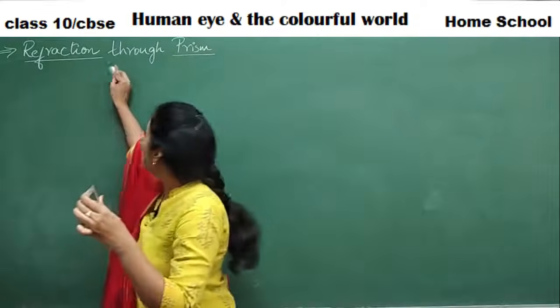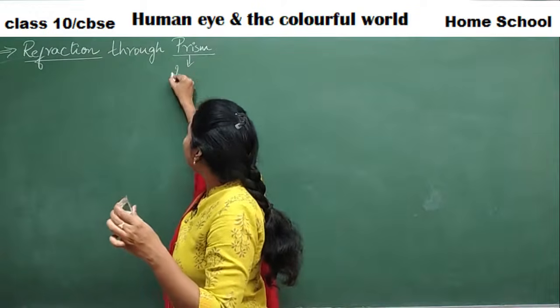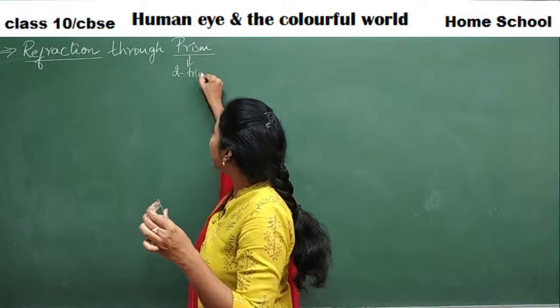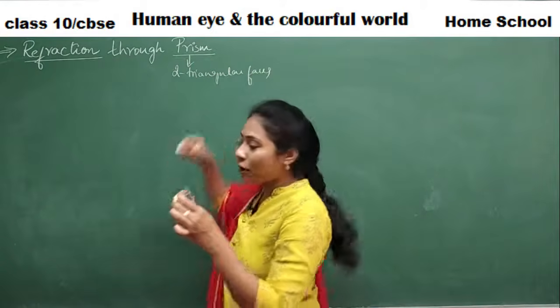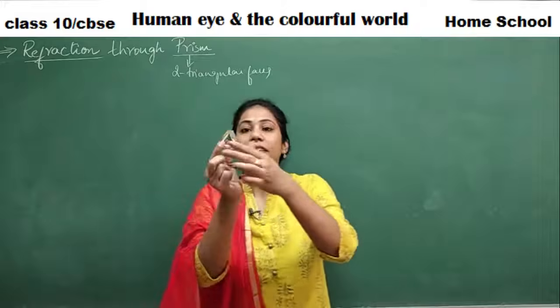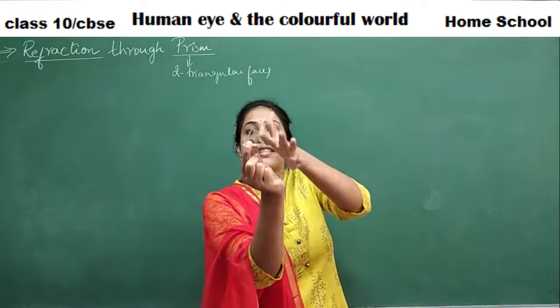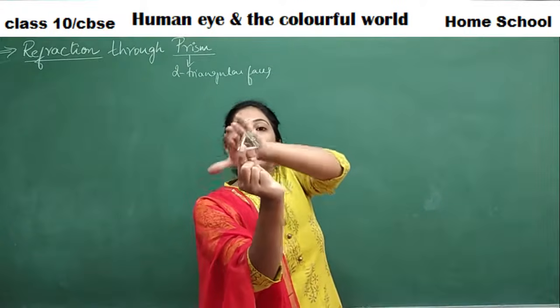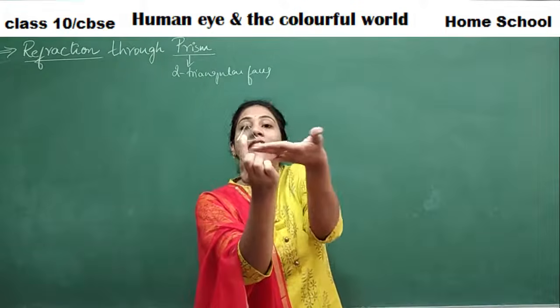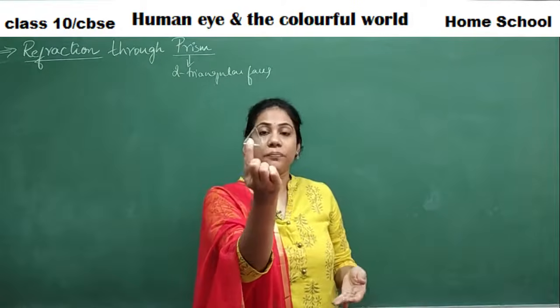So, in a prism, you actually have two triangular faces. And how many rectangular faces? This is one rectangular face, the side one, the lateral one. This is another rectangular face, and at the bottom you have the third rectangular face.